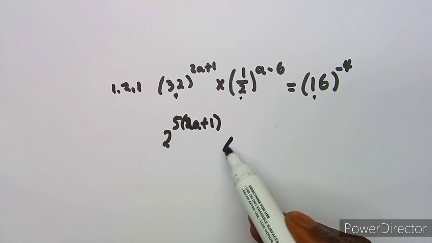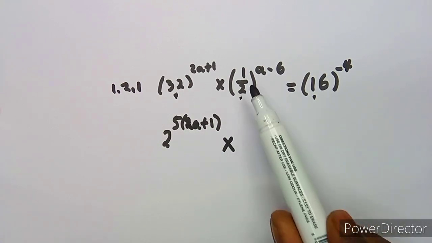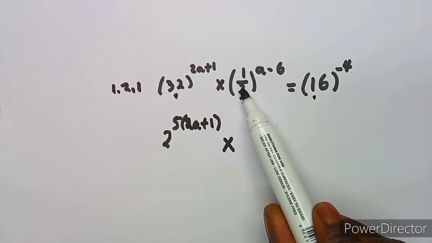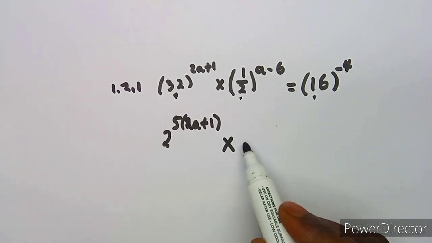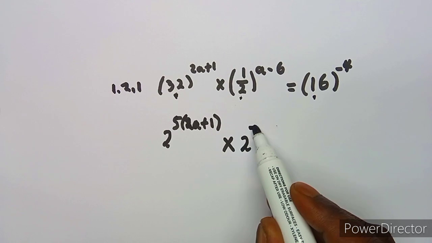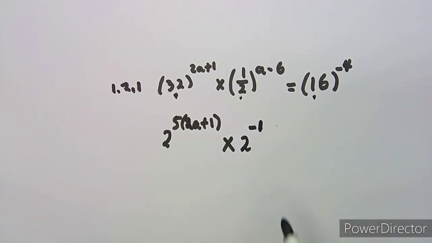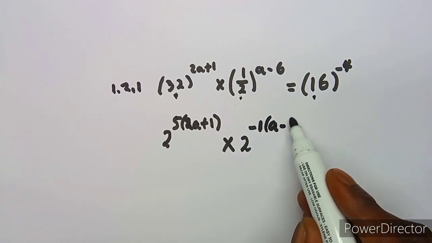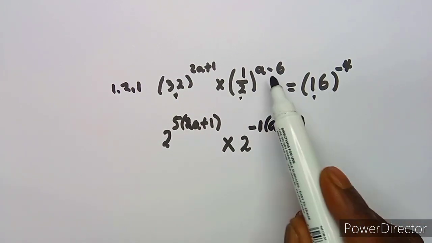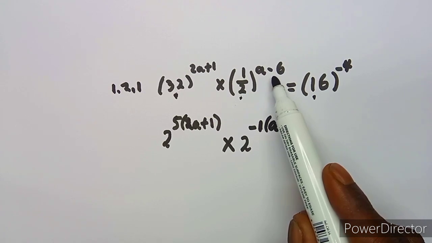Multiply to 1 over 2, of which we know that 1 over 2, which is a fraction, is same as 2 to the exponent of a negative, just like what we did in the previous question. If you saw that on 1 over 5, we say it's 5 to the exponent of what? Of negative 1. But we have got a minus 6, which is the exponent, which was already there.